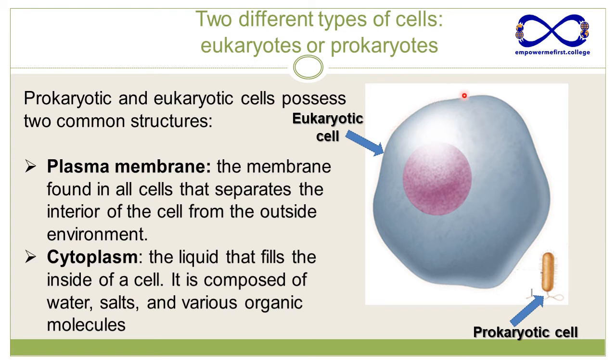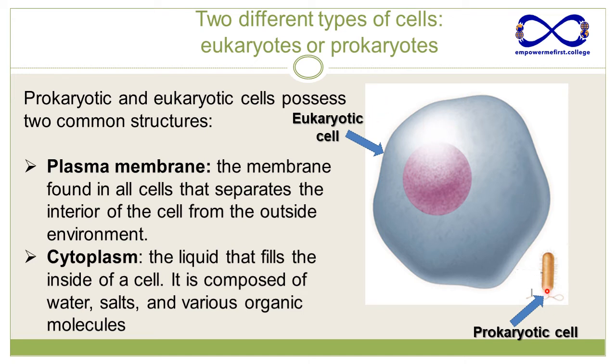This one that I'm pointing out with my red pointer is the plasma membrane, and as you can see, by definition it is a membrane which separates the outside part from the inner part.